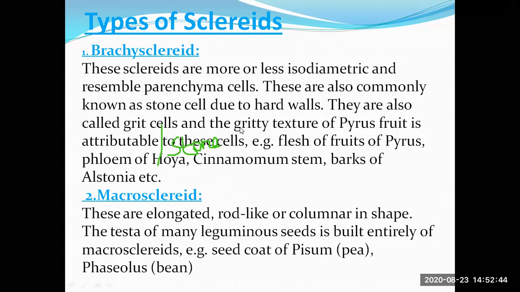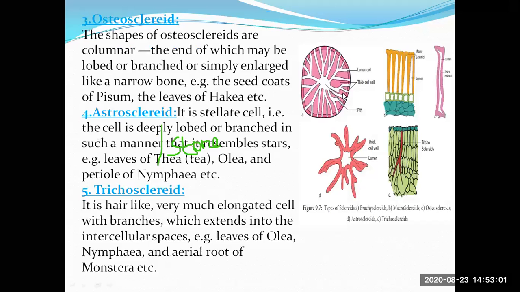The next one is macrosclereids. Here macro means very big. They are very elongated, rod shaped. If you see the structure, you see a very long, elongated, rod shaped structure.